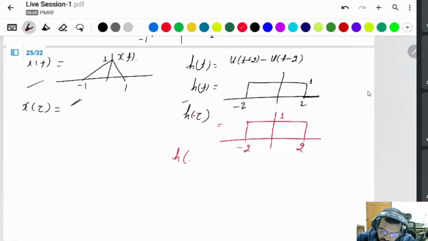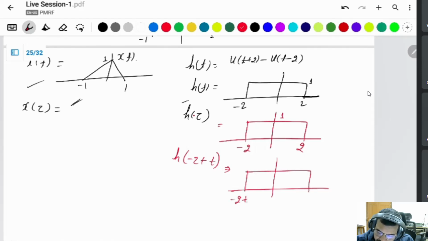Then minus tau is shifted by t. If you shift this one, minus 2 plus t, this will become 2 plus t. Sorry, this is from tau minus t.